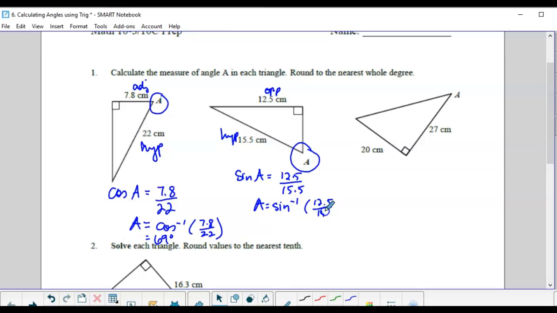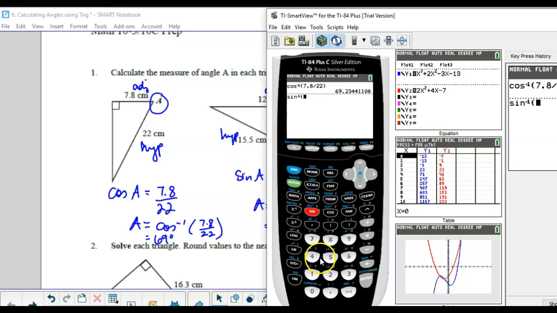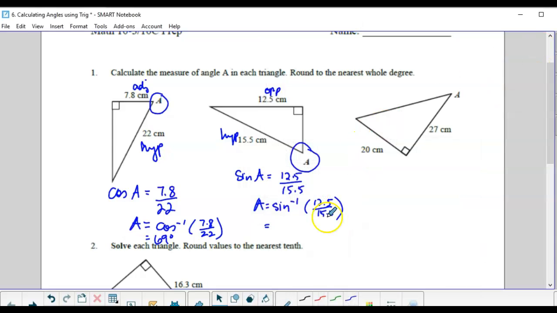Okay, so second sine 12.5 divided by 15.5. Oops, missed the 0.5 there. Just a sec. 12.5 divided by 15.5 is 53 point, actually whole is 54.